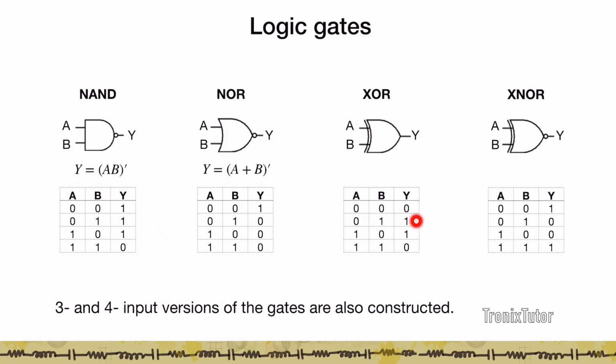Two other special gates that we'd use, and especially the XOR, find their use a lot in logical as well as arithmetic circuits. The XOR gate is an exclusive OR gate, which means that it goes high only when A and B are dissimilar. That is, only when A is 0 and B is 1, or A is 1 and B is 0. When both of them are similar, the XOR gate essentially gives an output 0.